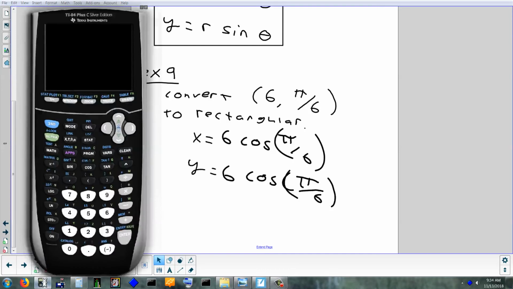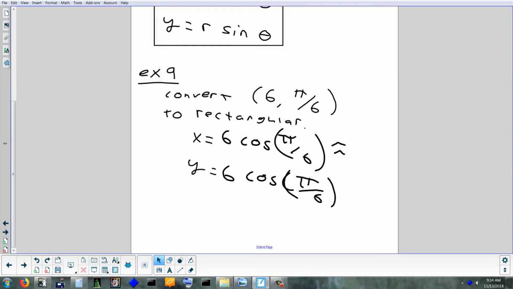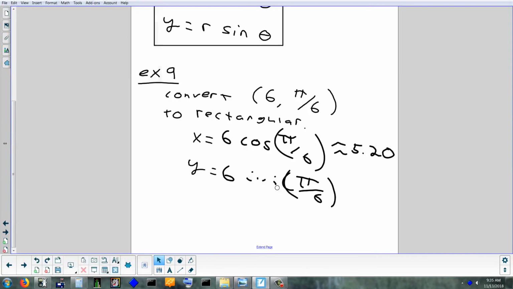Okay, so let's plug them in. So we've got 6 cosine pi over 6, and I'm already in radians, so that's fine. For the first one, I get about 5.20. And let's do the y value.